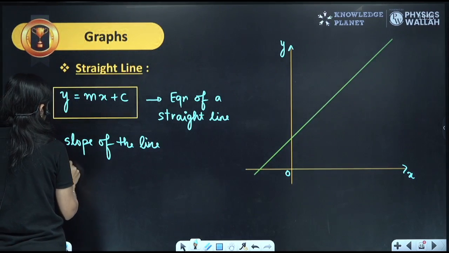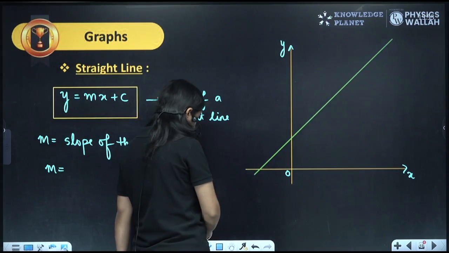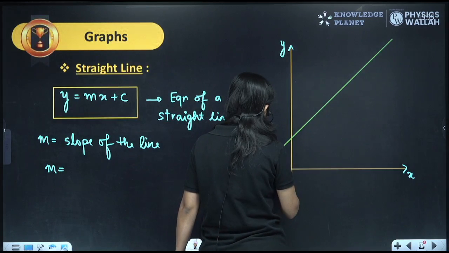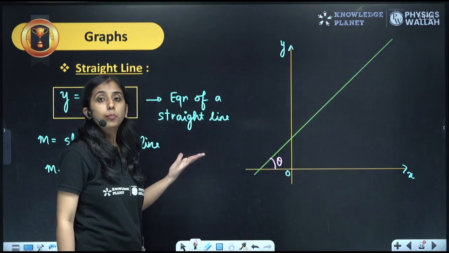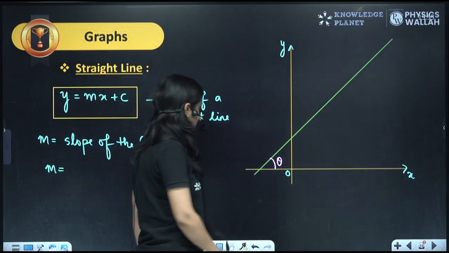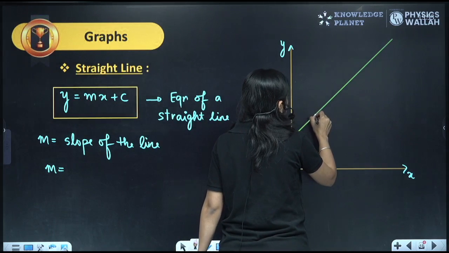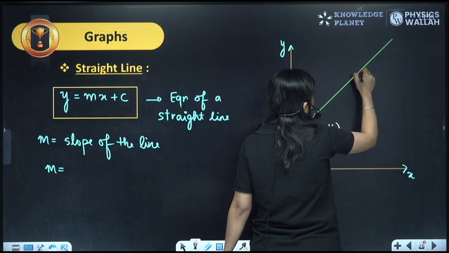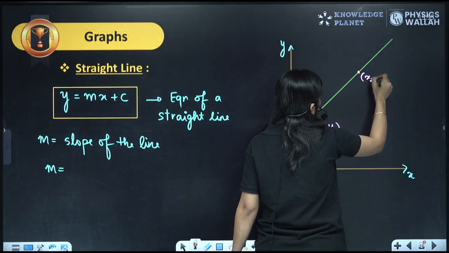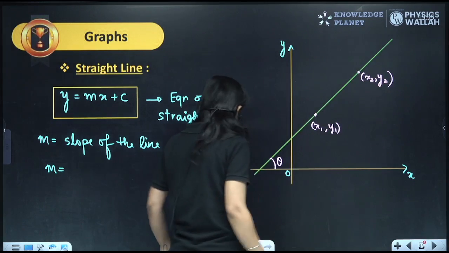The steepness of the line tells us the slope. If the angle made by the line with the positive x-axis is theta, and we have 2 points on this line, x1, y1 and x2, y2, then what will be my slope?